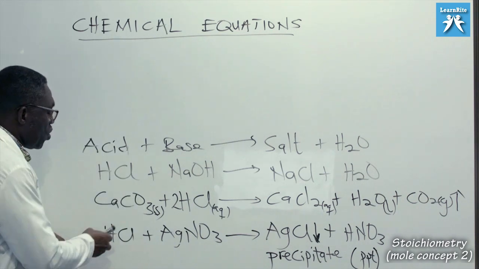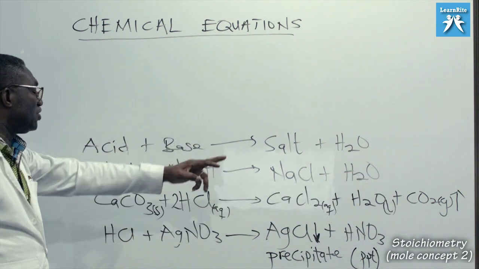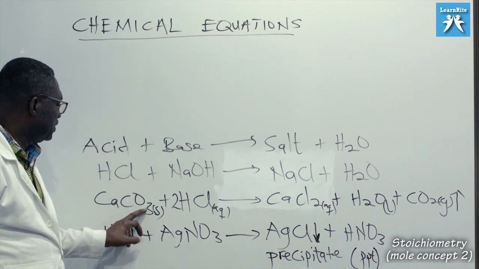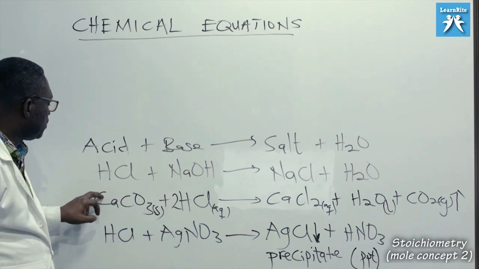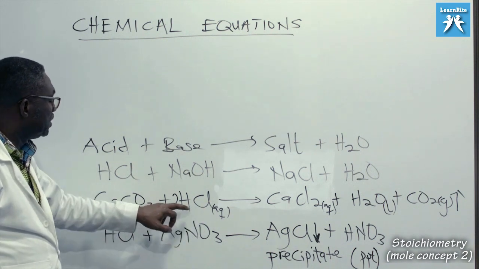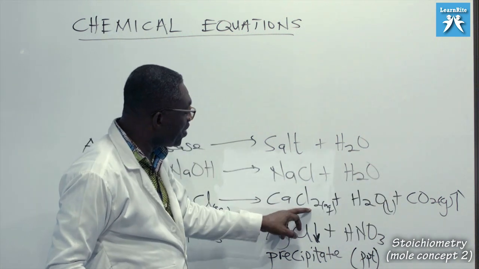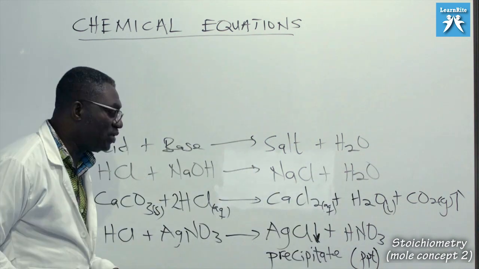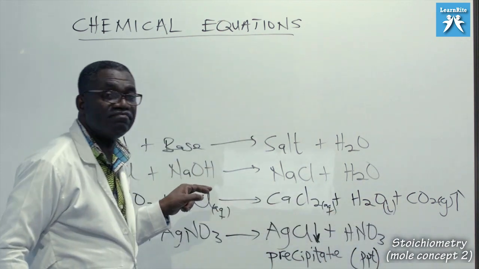I have calcium, carbon, oxygen, hydrogen, and chlorine, so there are 5 types of atoms on this side. They should be the same atoms here: calcium, chlorine, hydrogen, oxygen, and carbon. You cannot create any new atoms. In other words, from this reaction, I could not get a nitrogen compound here. It won't happen.